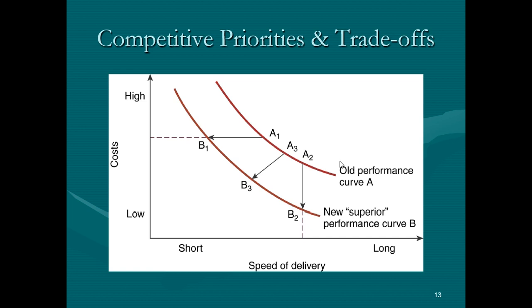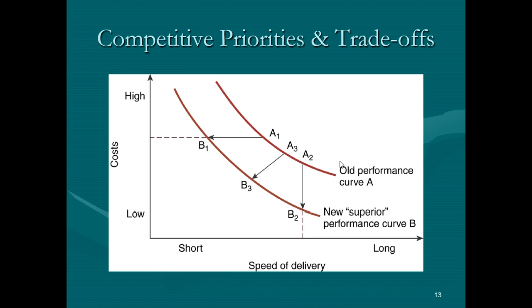If you worked on your competitive priorities to have low costs and a short time for delivery, you'll find that this curve is shifted downward from curve A to B, a new superior performance represented by curve B.